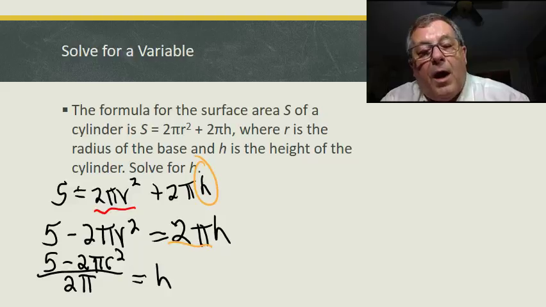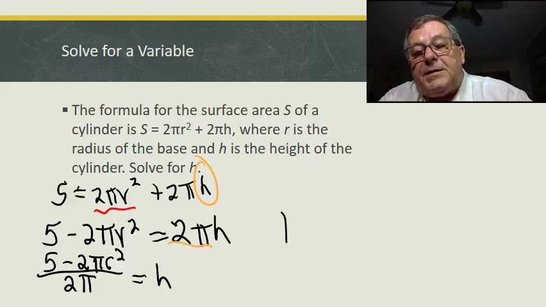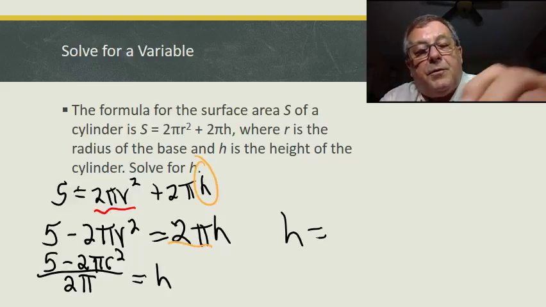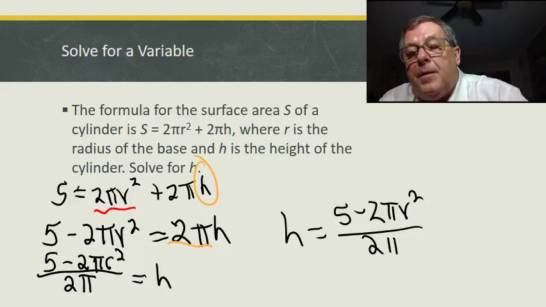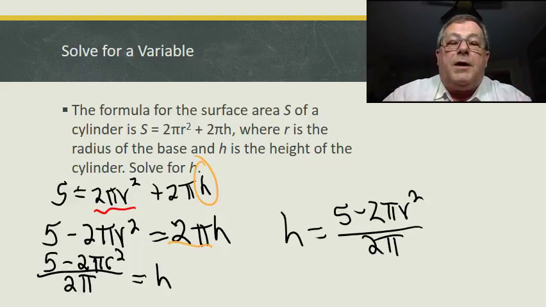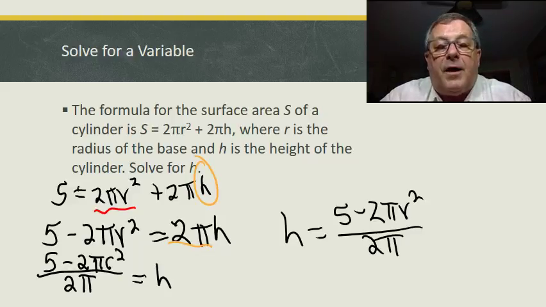If we wanted to rewrite it, h is equal to S minus 2 pi r squared over 2 pi. What we've really done is rearranged the formula to isolate a specific variable. It's called solving for the variable.